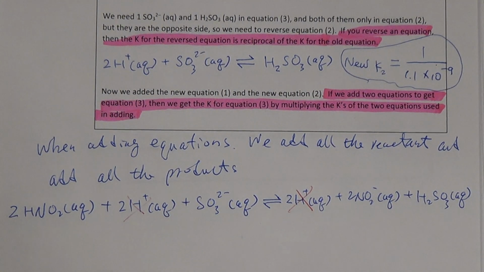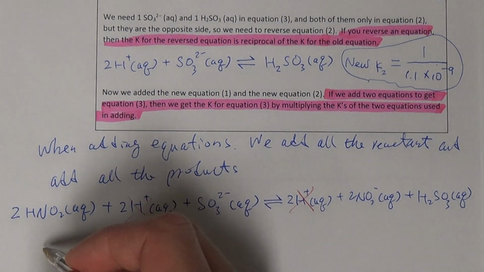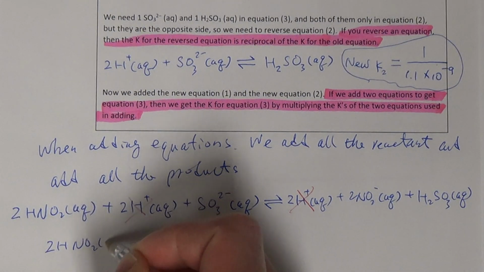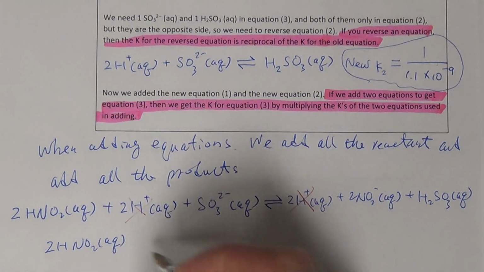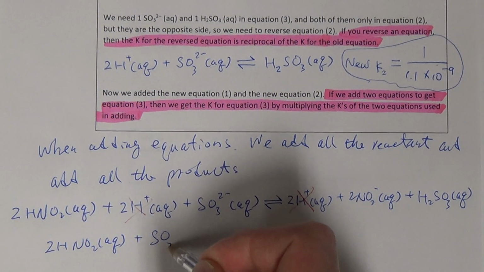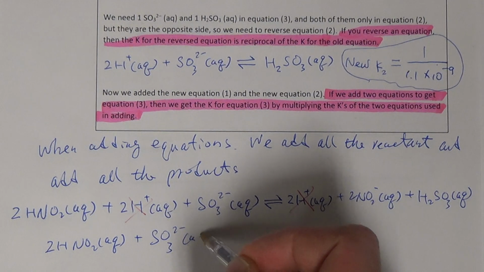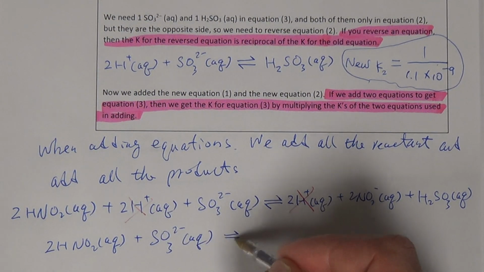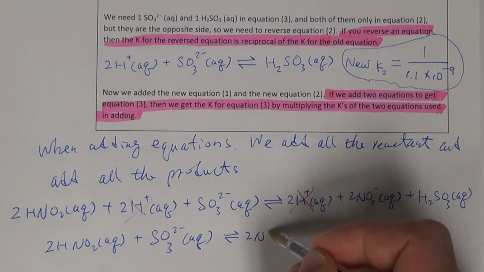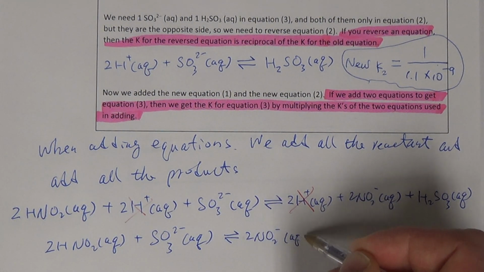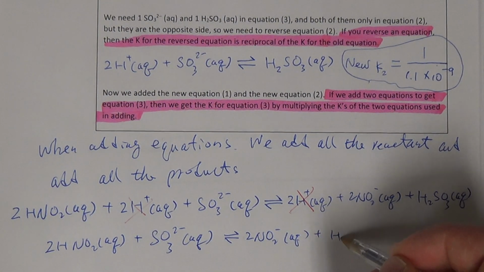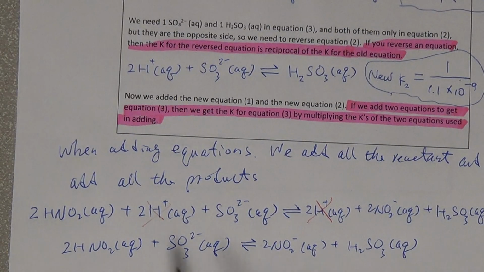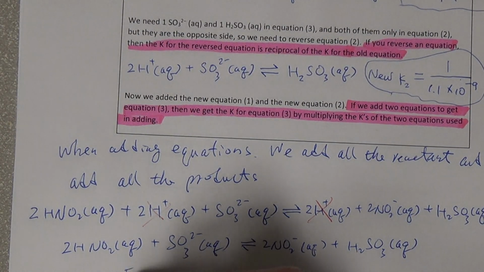And then we get the net: 2HNO2 aqueous plus SO3 2 negative aqueous, because that's already cancelled out, in equilibrium with 2NO2 1 negative aqueous plus H2SO3 aqueous.